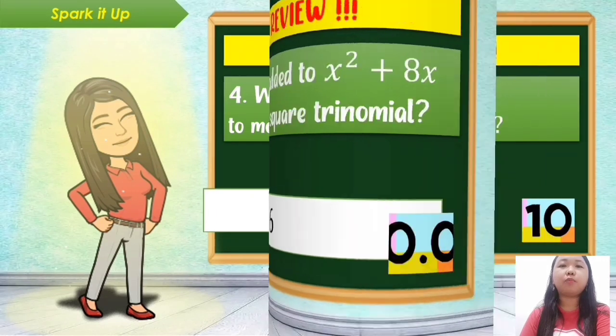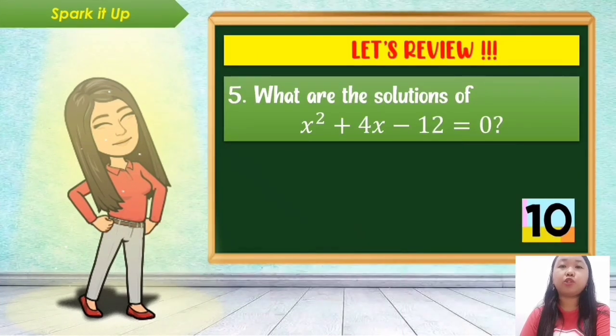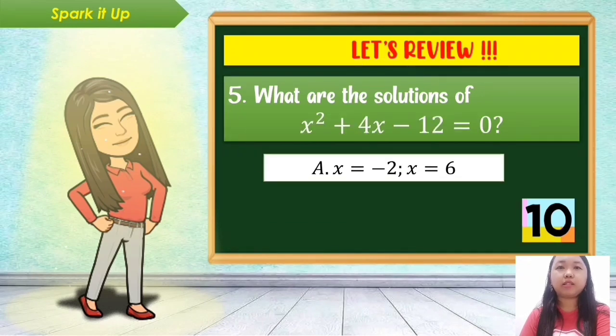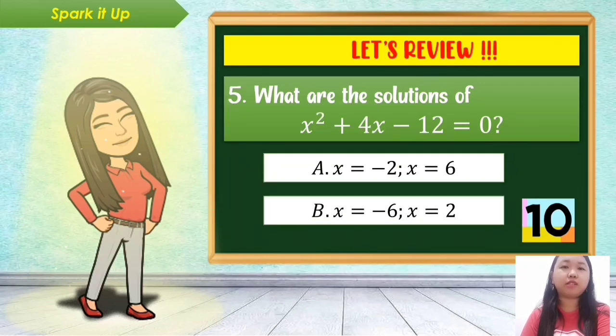And last number, what are the solutions of x squared plus 4x minus 12 is equal to 0? Is it A, x is equal to negative 2 and x is equal to 6? Or B, x is equal to negative 6 and x is equal to 2?